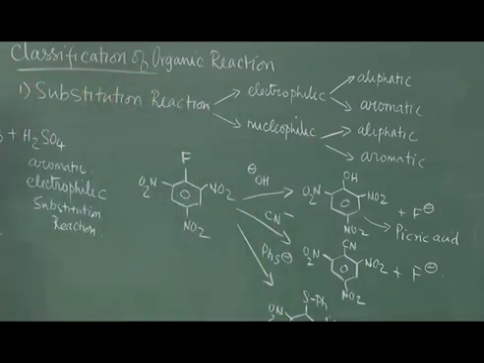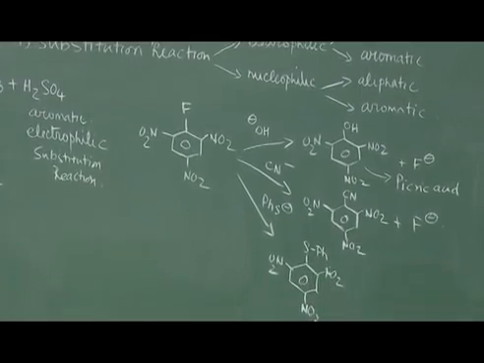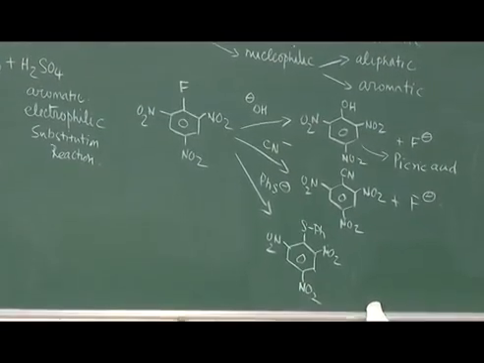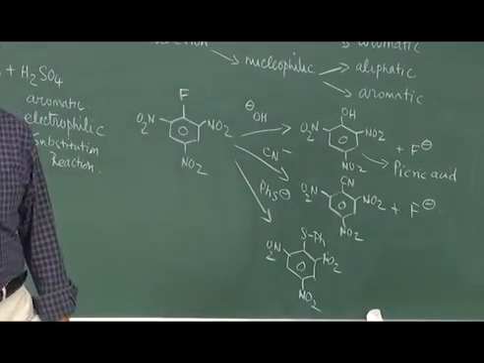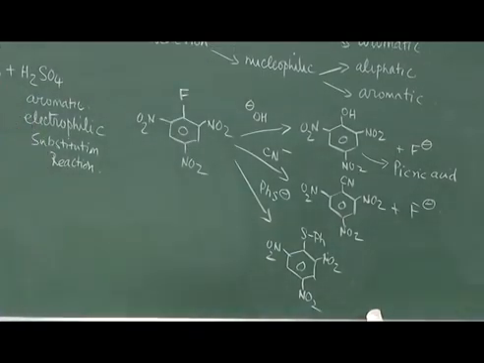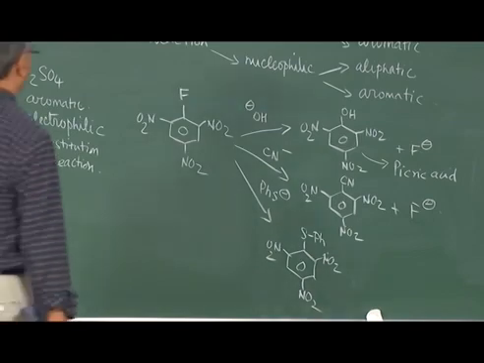Now, you can ask the question, why not just take chlorobenzene and do this kind of reaction? Chlorobenzene is not sufficiently electron deficient in nature to act as a substrate for the nucleophilic substitution reaction.